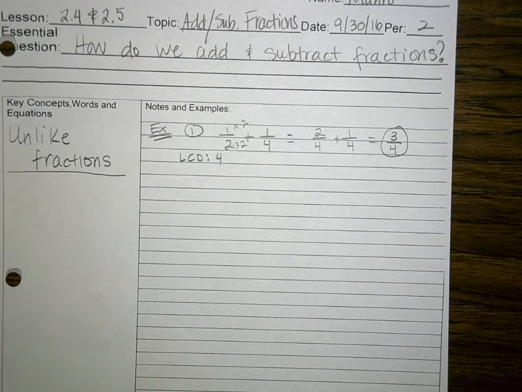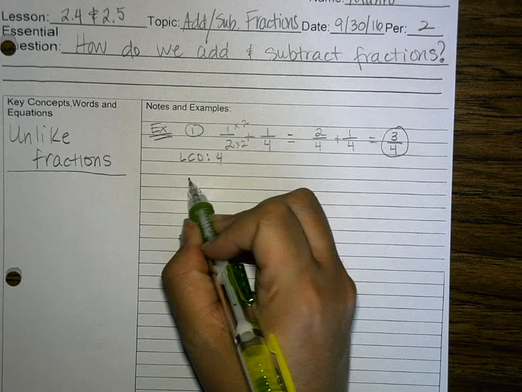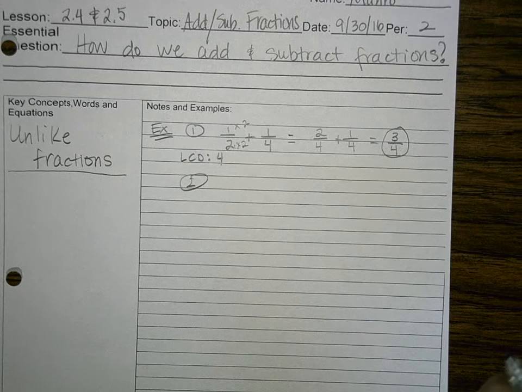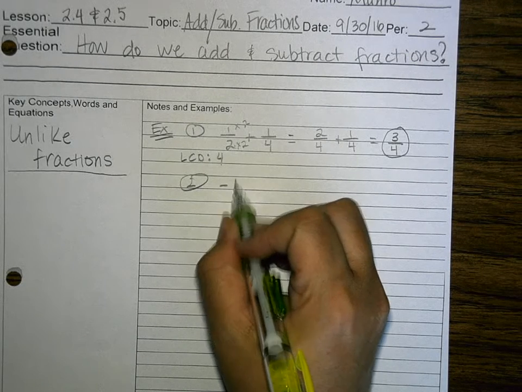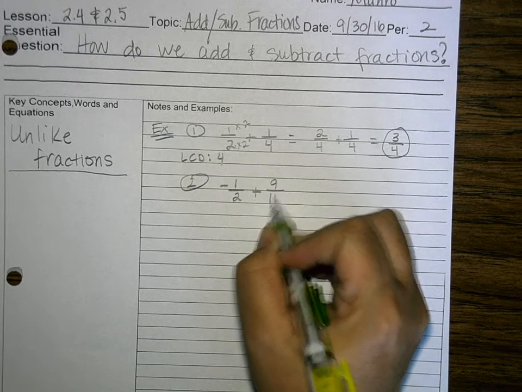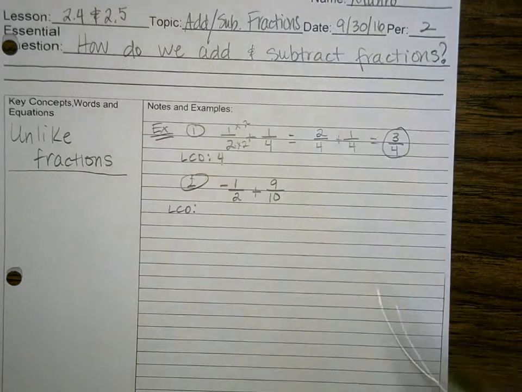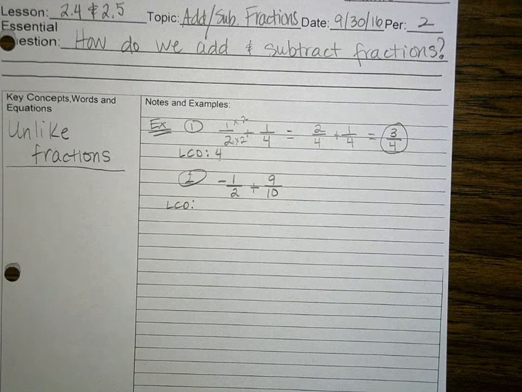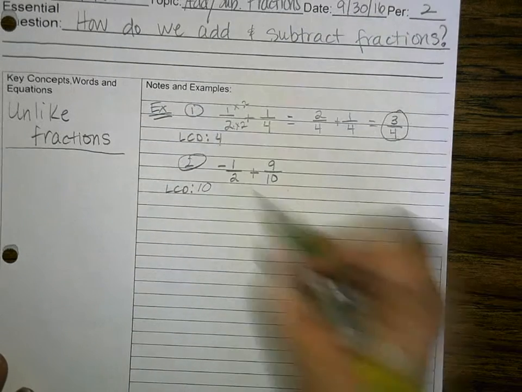This is a real basic example. Okay? Real basic, like 4th grade example, right? Let's try another example. Let's go to example 2. And in 7th grade, we start putting negatives, so I'll put a negative. So it's a negative 1/2 plus 9/10. So what's the LCD of 2 and 10? 10, good, because 2 goes into 10 and 10 goes into 10. So that means we have to change this one.